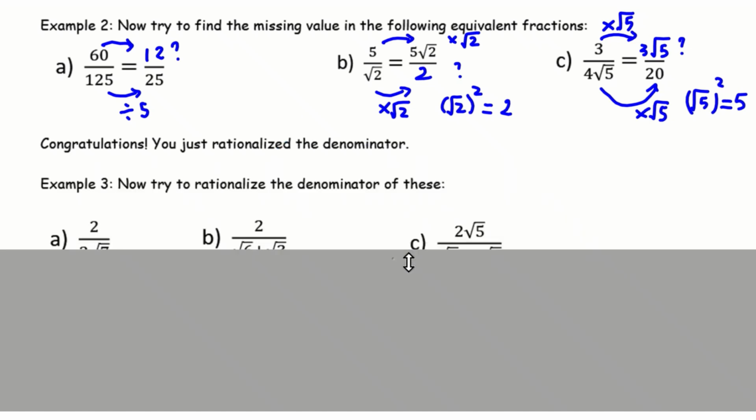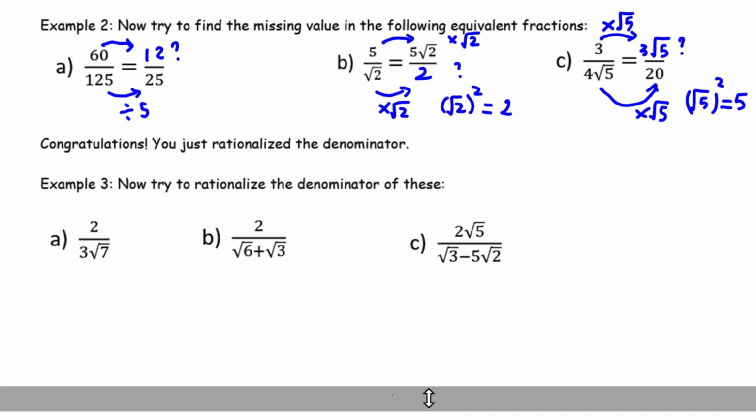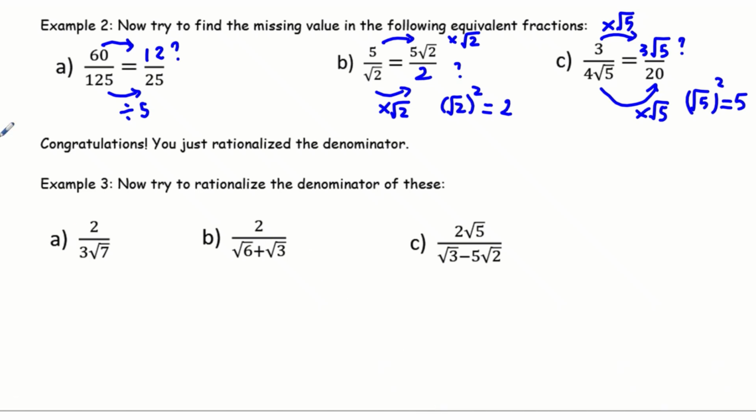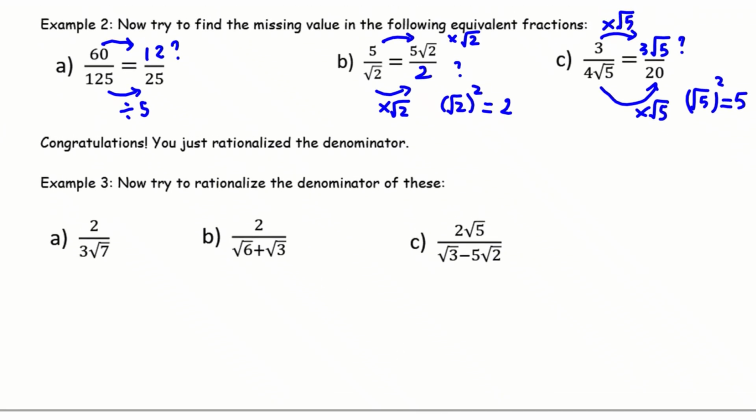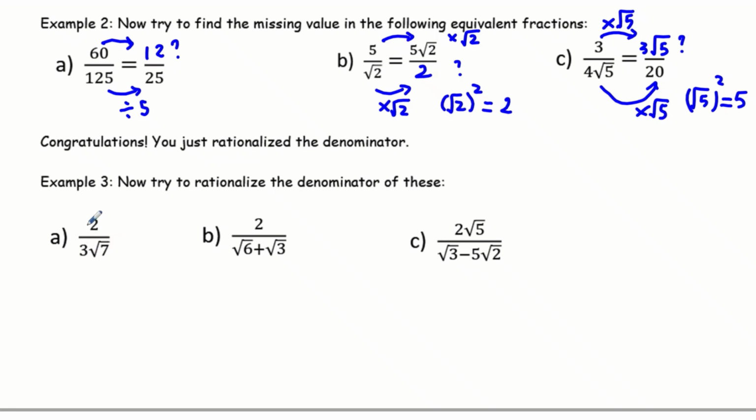Now we are going to see, there are 3 examples here. The first one is similar to what we did. So 2 over 3 square root 7, we want to rationalize it. We don't want to see the radical sign, so we just times itself. So times square root 7 to both top and bottom.